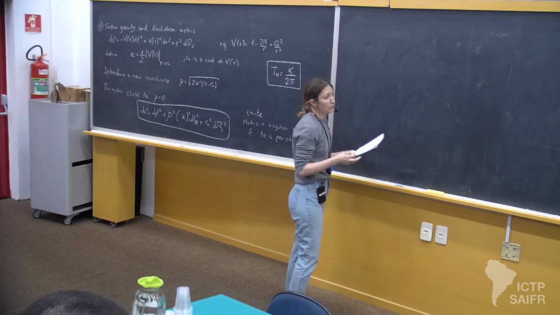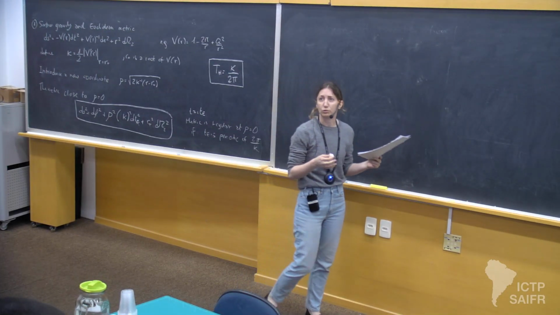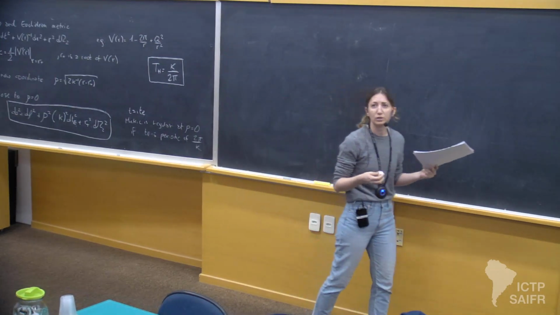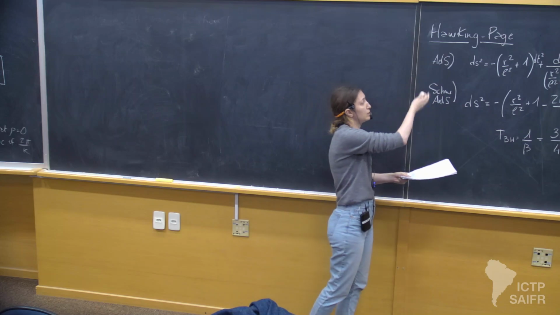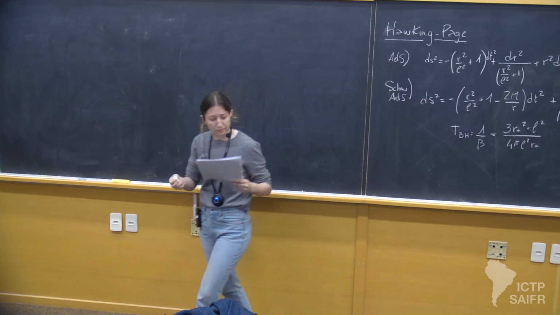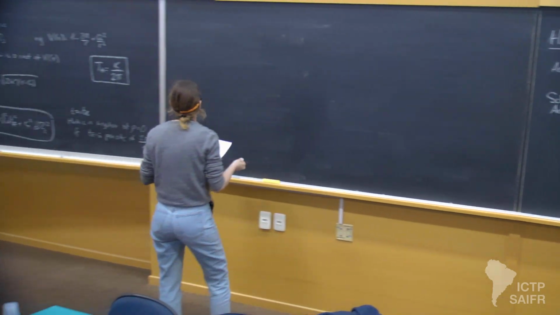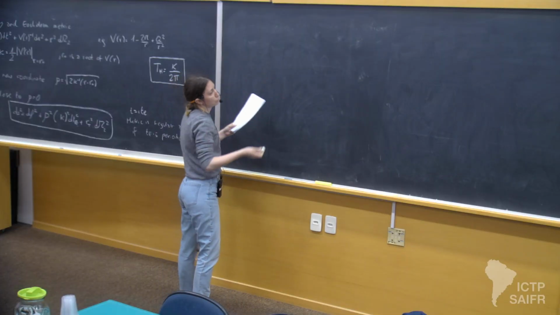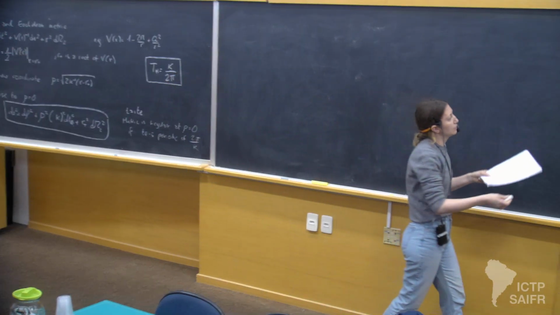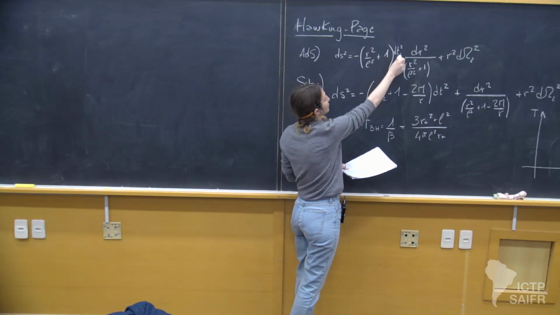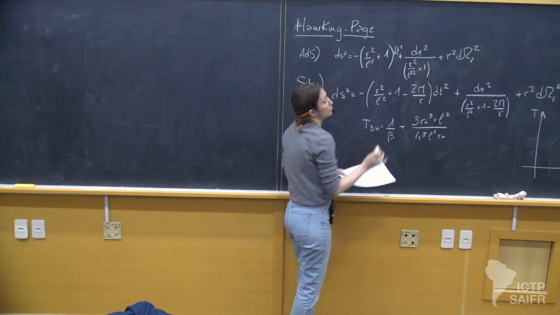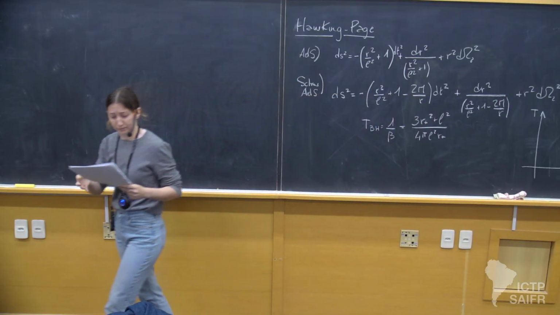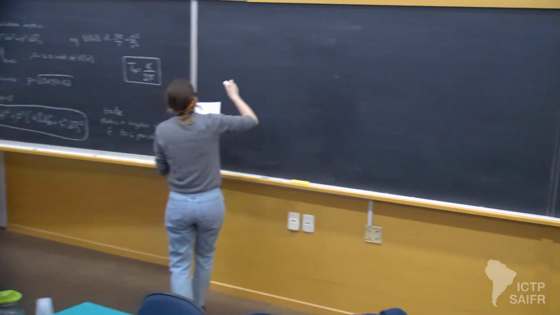So we're going to compare the on-shell action of these 2 solutions, because this is really the thermodynamic potential that tells you which solution is dominating. Also, the 2 solutions need to have the same boundary. If you go to Euclidean, taking t to i tau and so on, the boundary is still S1 times S2. So both solutions have the same boundary.